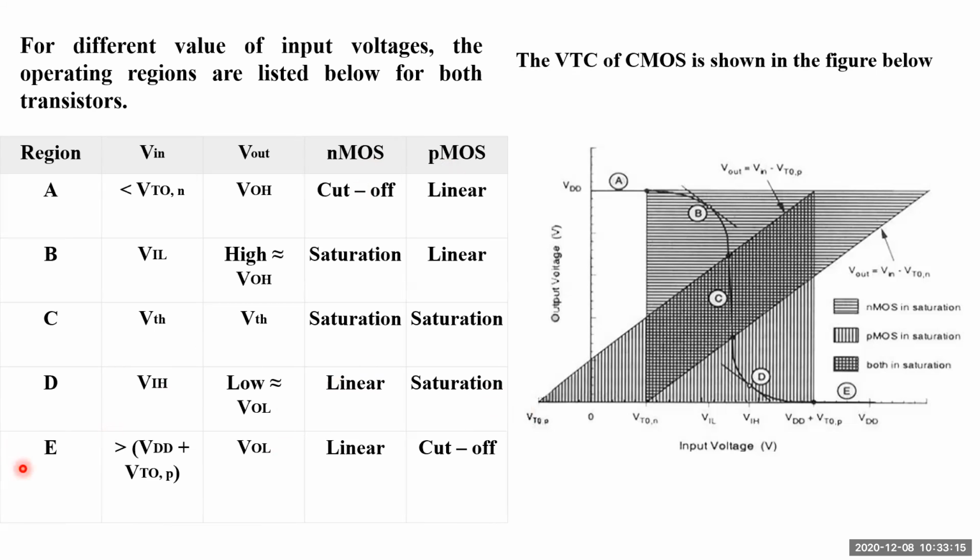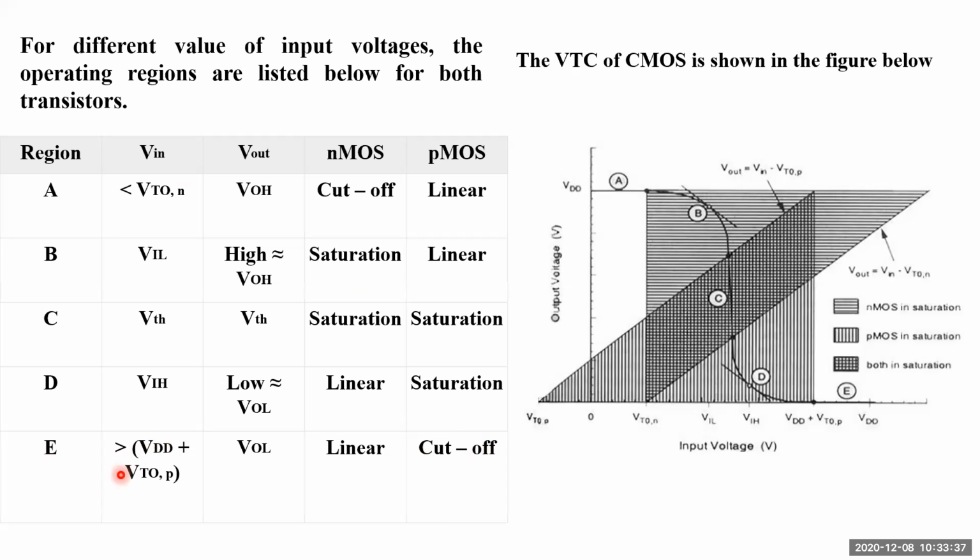Now coming to the last region of operation, that is region E. In region E, you supply an input greater than VDD plus VTO. As we have seen in the previous slides, your PMOS will be completely turned off, so it will be in the cutoff region.